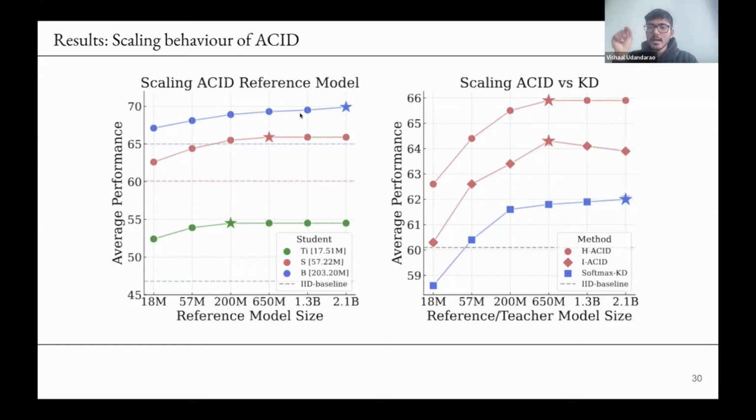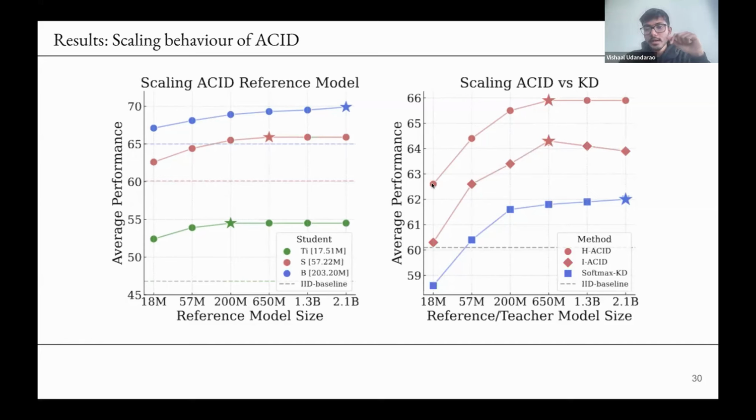across all scales. What is also interesting is that our method with a very, very small teacher also improves over the IID baseline, which is the dotted line. However, for a distillation baseline, if you use a very small teacher, you severely underperform compared to the IID baseline. So our method not only allows you to beat distillation, but it also allows you to scale down the size of your teacher and still get gains.